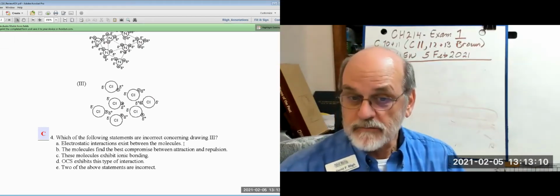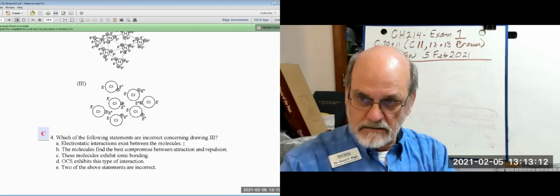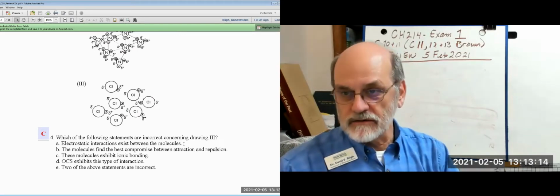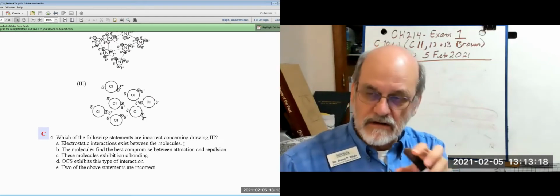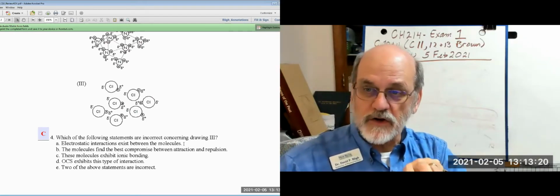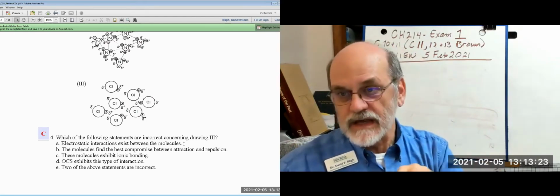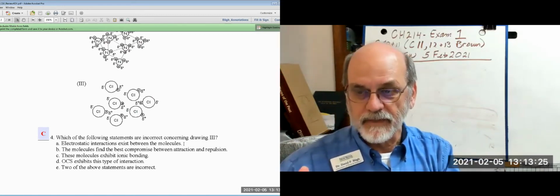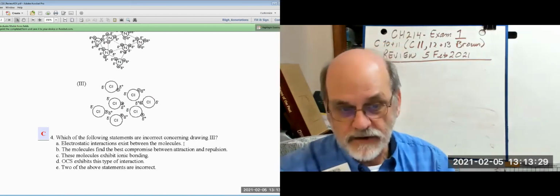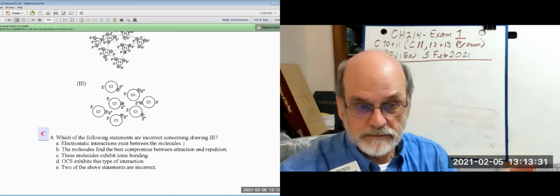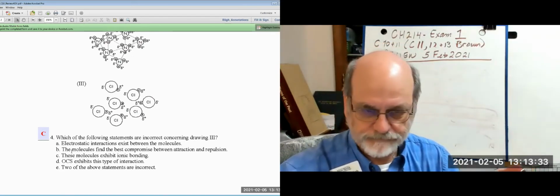In chemistry, as long as there is an uneven distribution of electron density, then you can get separation of charges, so you have positive, negative, even if it's very slight. And then you can still have electrostatic interactions. So A is true. How about B?